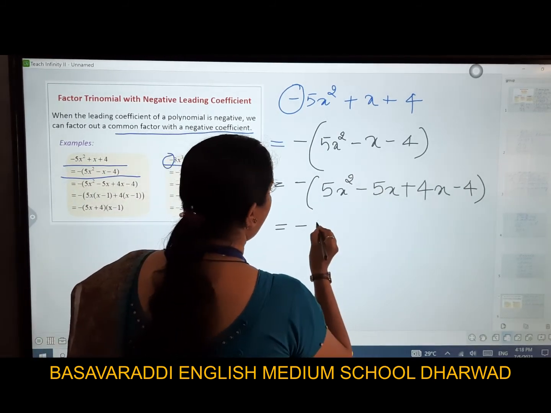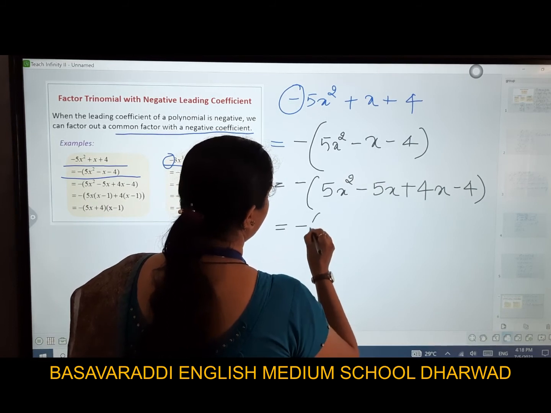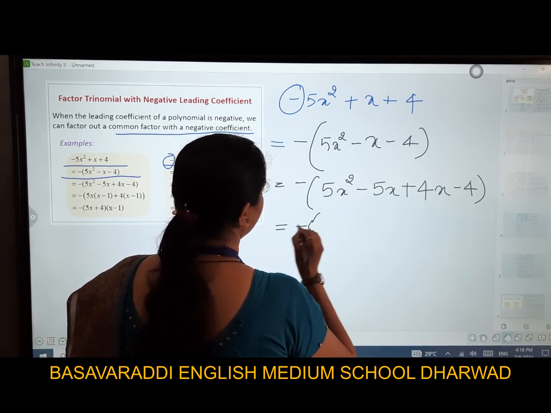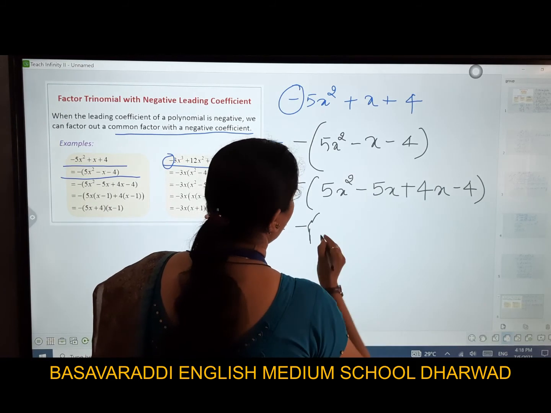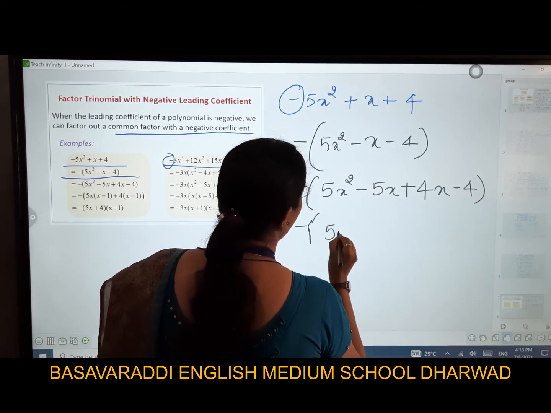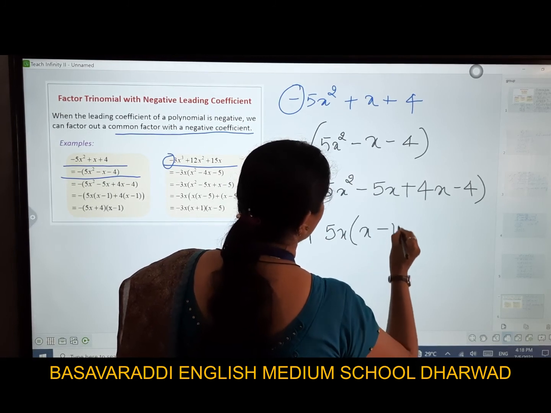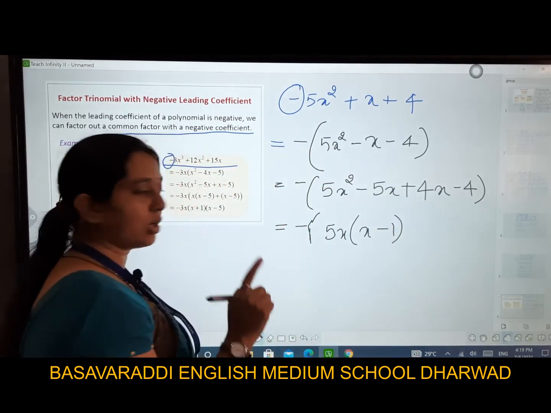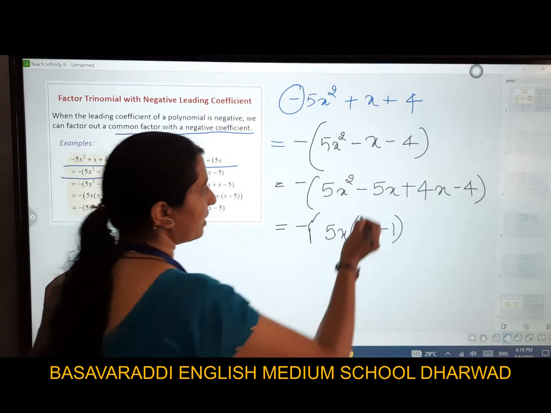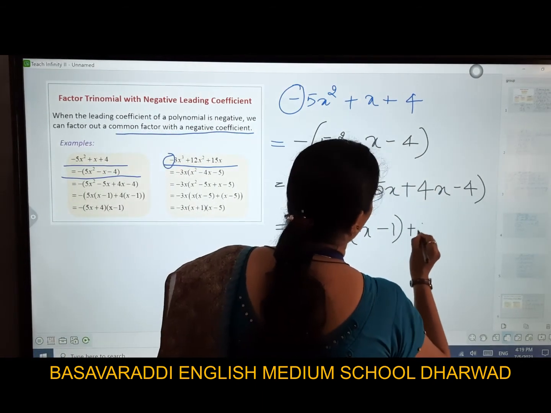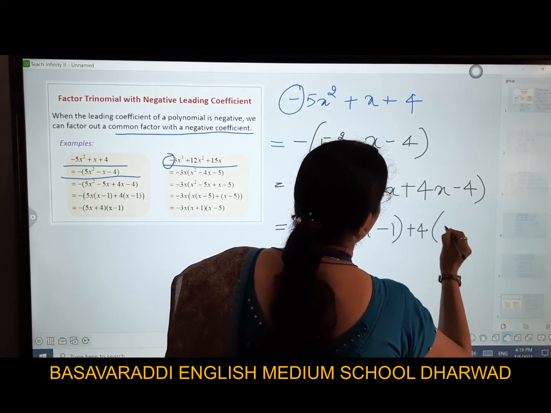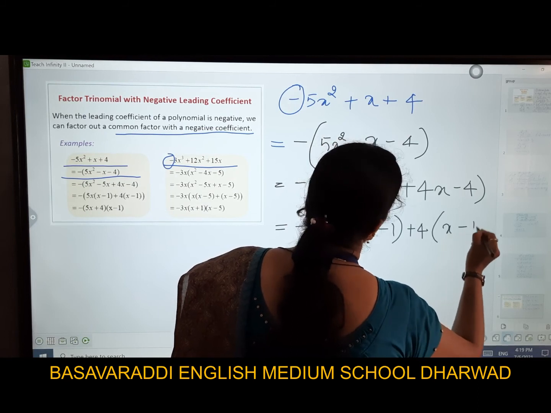Here, what do we have common? Yes, we have 5x as common, so I am left with x minus 1, because when both are taken out, only 1 remains there. Here I will take plus 4 as common, so I am left with x minus 1 here also.